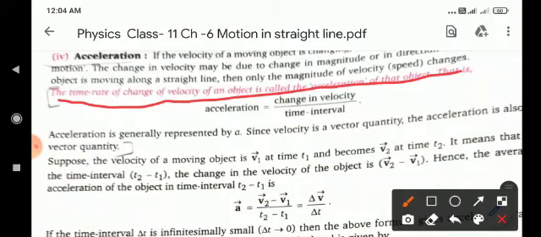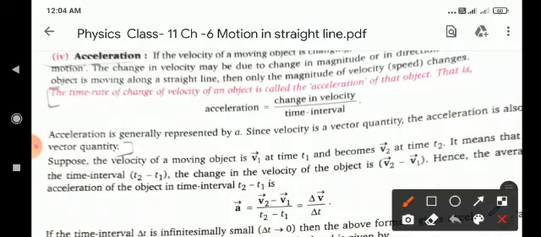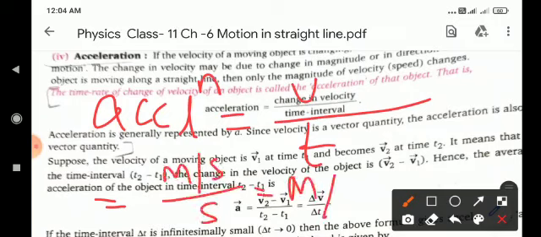So acceleration equals rate of change of velocity, v upon t, that is meter per second upon second, that is meter per second square.